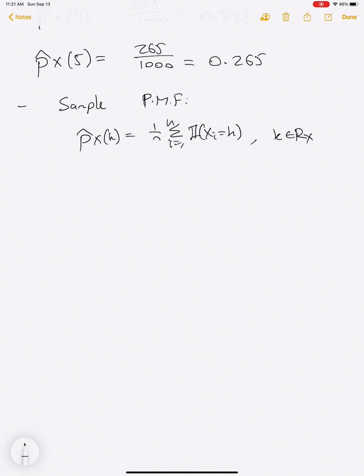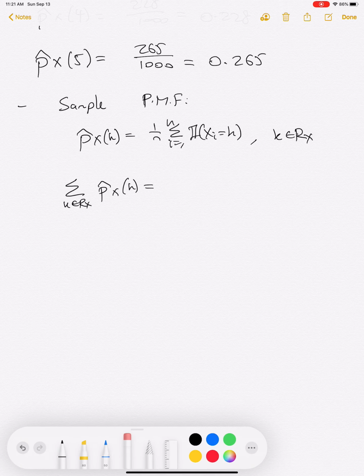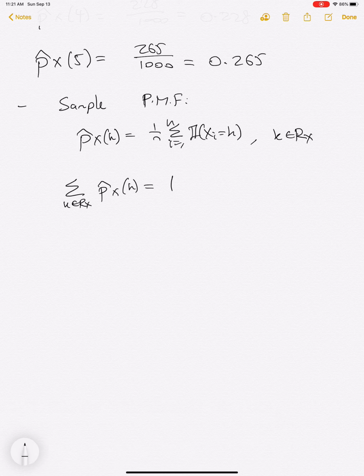And so you can hopefully see that just like for the population, everything should sum to 1. If you sum up all those proportions, they should sum up to the total number of ratings that you have, which is 1,000. So this should always sum up to 1.